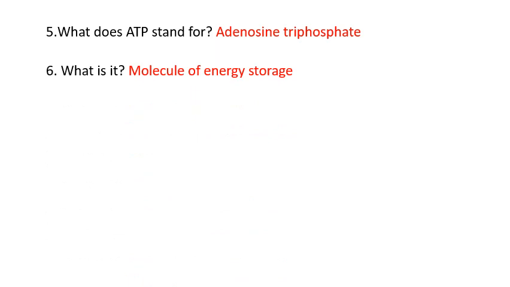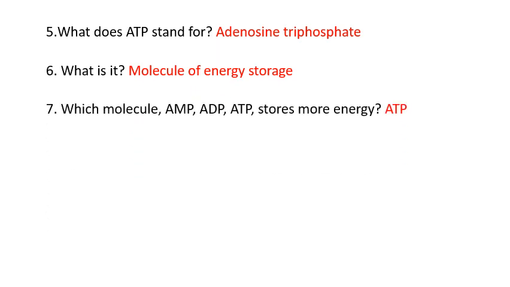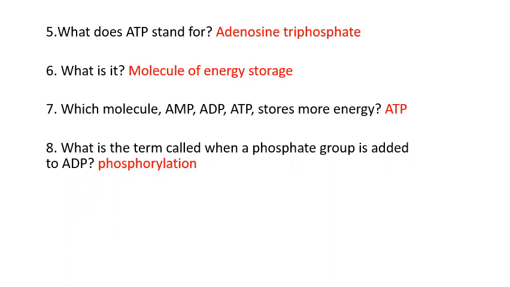It is a molecule of energy storage, a major currency of your cell. Of those three molecules, adenosine monophosphate, adenosine diphosphate, and adenosine triphosphate, ATP, the triphosphate one, stores the most energy. It's got more of those phosphate bonds. And then what is that called when we add a phosphate group? It's called phosphorylation.